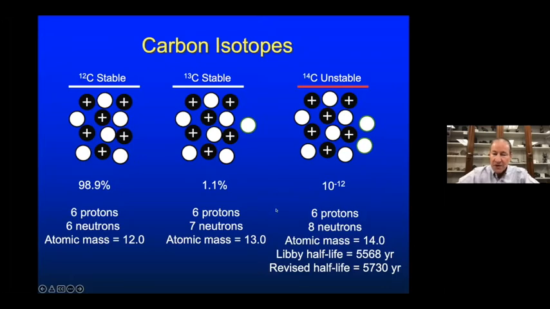And to evaluate this, we have to turn to another isotope system, which is carbon isotopes. Just as oxygen has stable isotopes, carbon has two, carbon-12 and carbon-13. And then there is an unstable form, carbon-14, that's very useful for evaluating the passage of time.